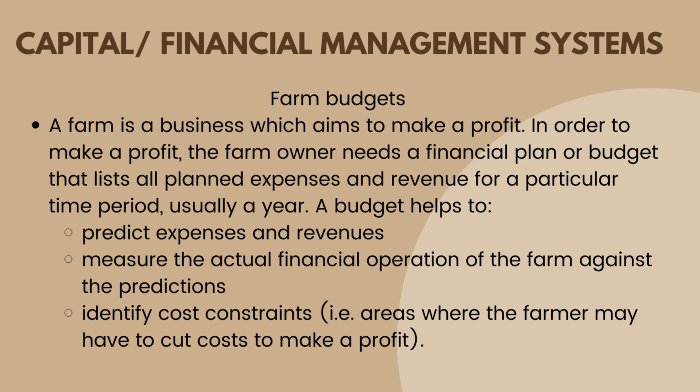The budget helps us to predict expenses and revenues. It also helps us to measure the actual financial operation of the farm against the prediction, and it helps us to identify the cost constraints, that is, the areas where farmers may have to cut costs to make profit.